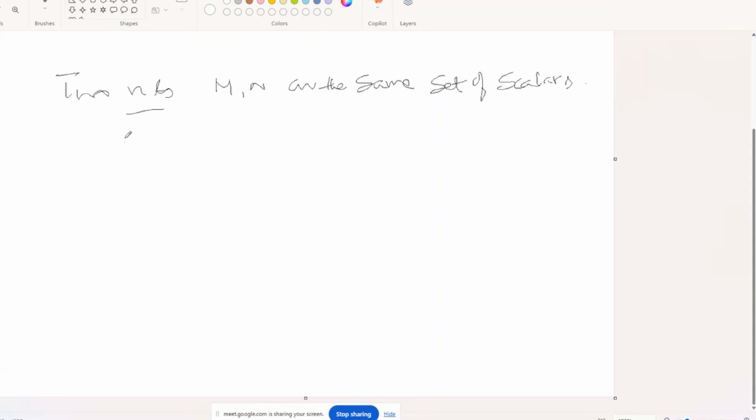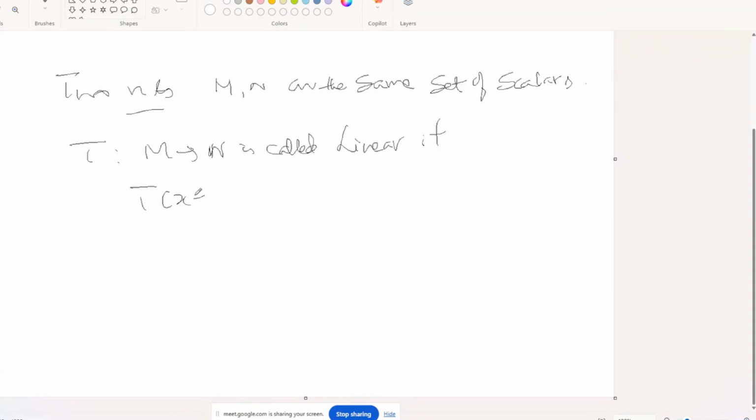A map T from M to N is called linear. Same definition that we have.